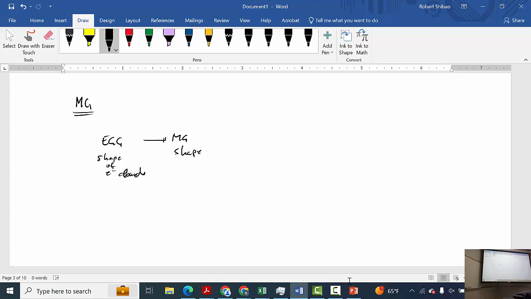This is the shape of the electron clouds. This is the shape of the atoms. The shape of the atoms is going to be based on the EGG.